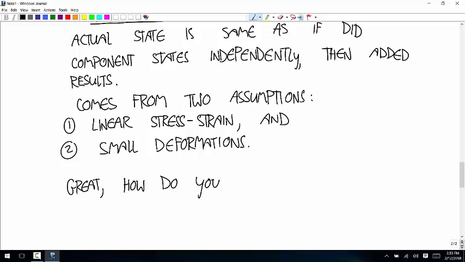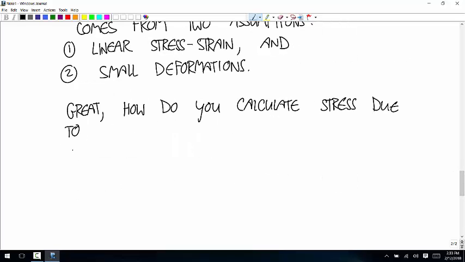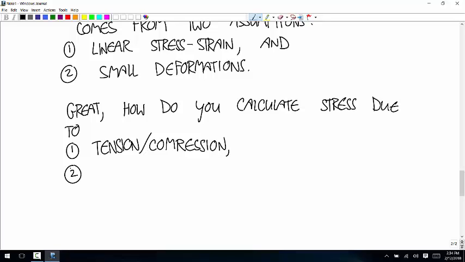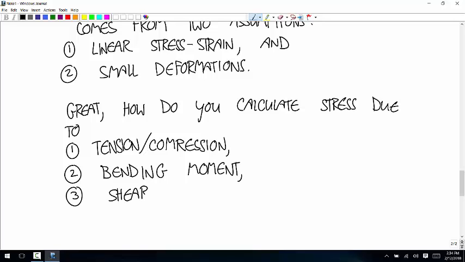How do you calculate the stresses due to tension compression, bending moment, shear force, and torque?